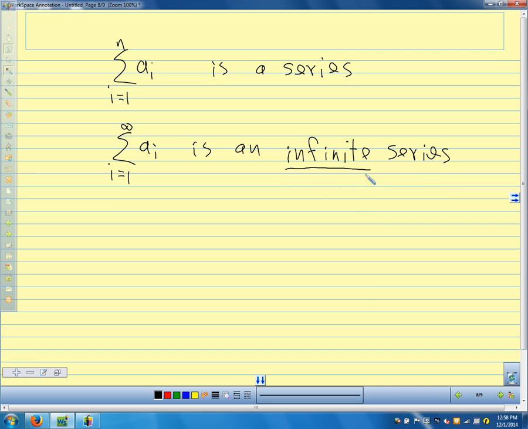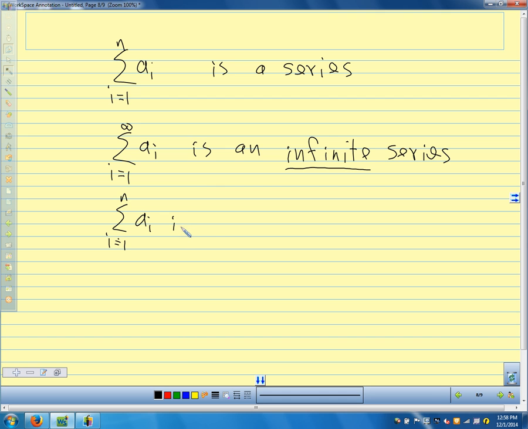And depending on how we set the infinite series up, we can actually add up an infinite number of terms and we actually get an answer. We'll talk about those kinds of series on block day.